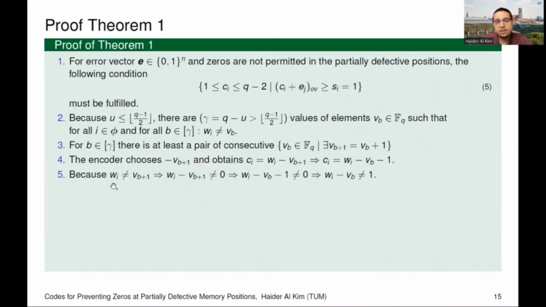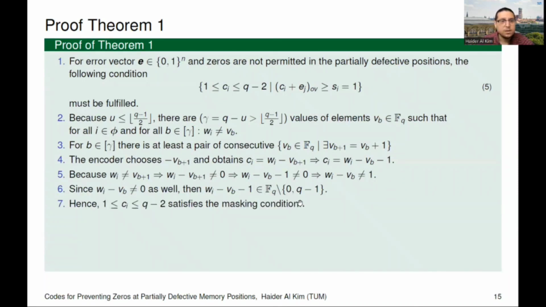And because omega_i is not equal to v_b, this condition given in the second one, v_i minus v_b, is also not 1, following some math here. And since this is also not 0 as well, this value will not be 0 or Q minus 1.